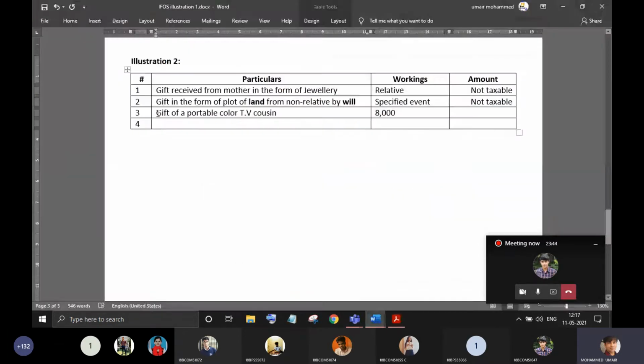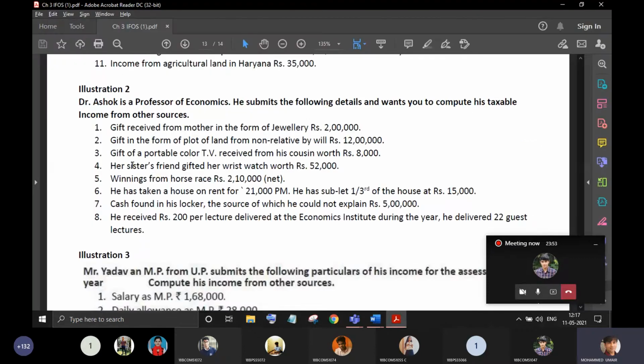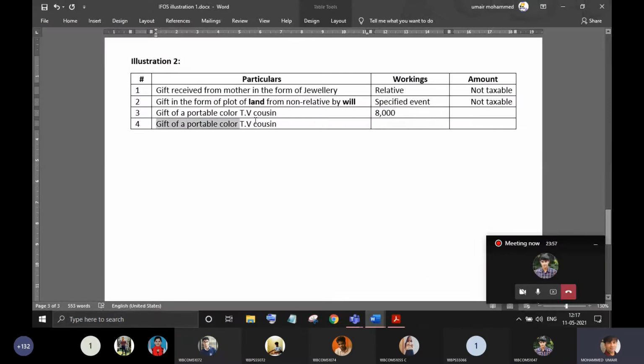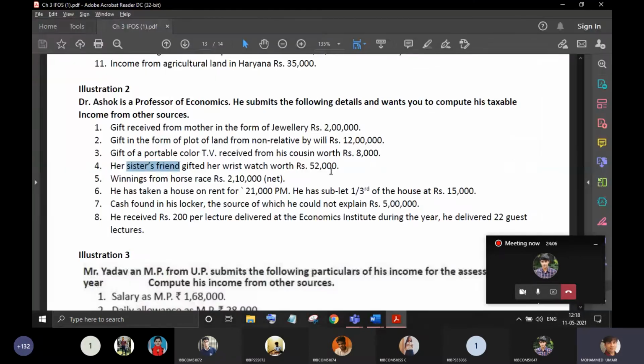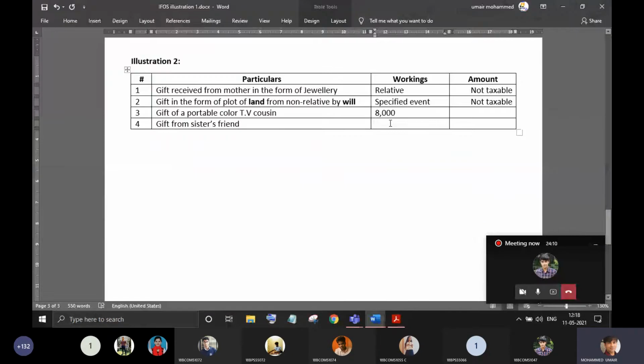Gift from whom? Gift from sister's friend. Let's write that down. From sister's friend, and the value of the gift is 52,000. Now you have to note down some important points here.